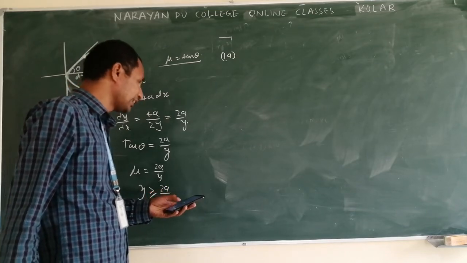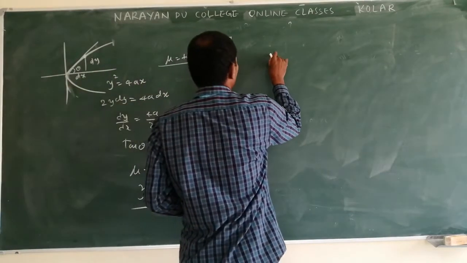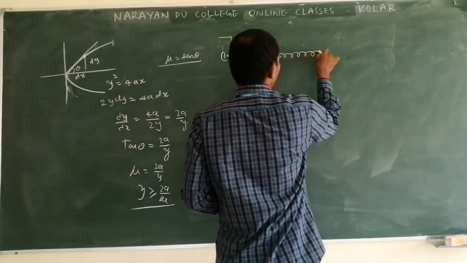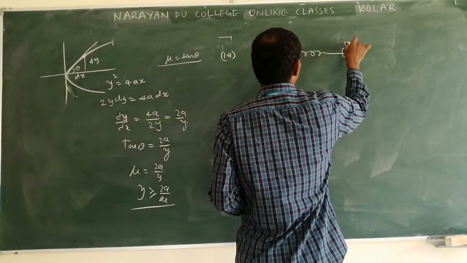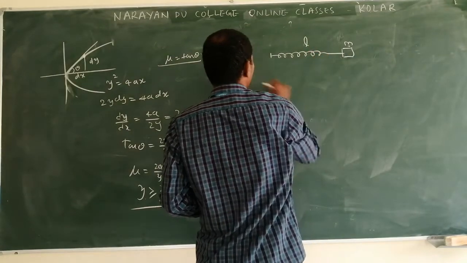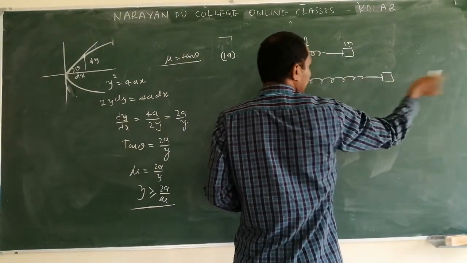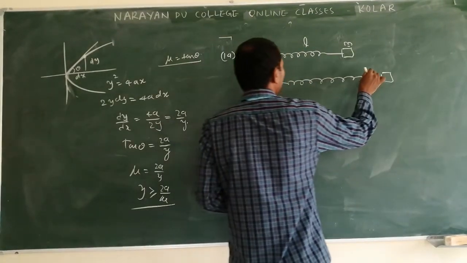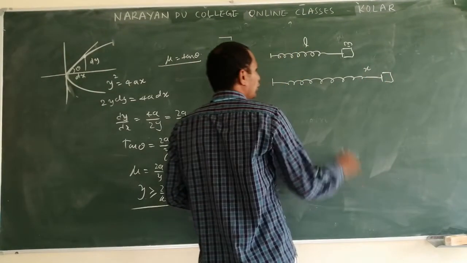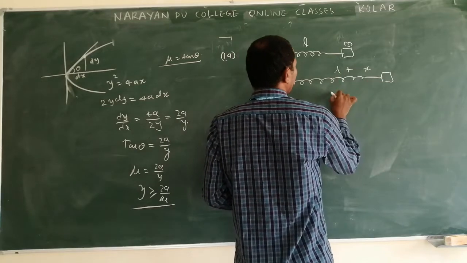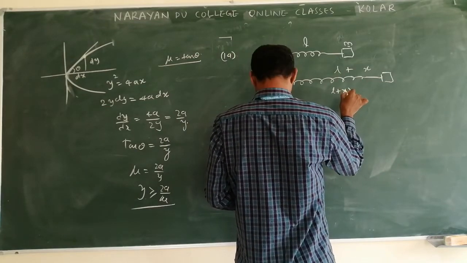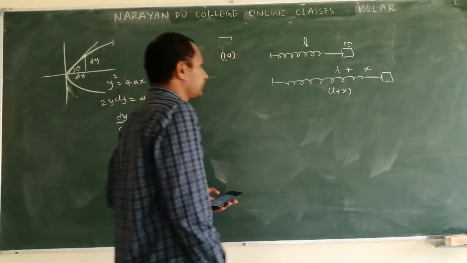The increase in length is asked. Initially this is mass m, length L. When it rotates, then what happened? Length increases. Say the increase in length is x. Total length will be L plus x. Clear?